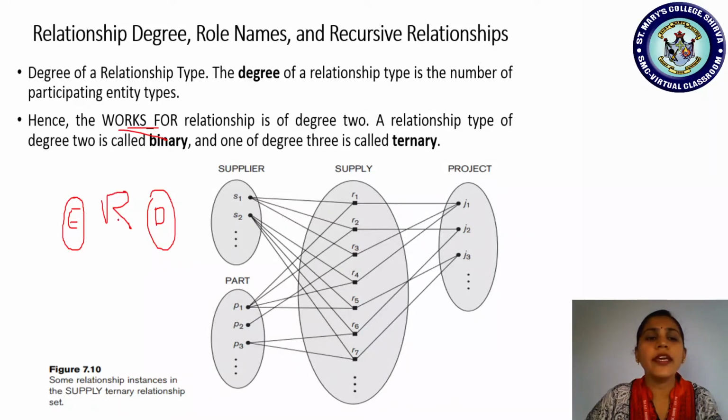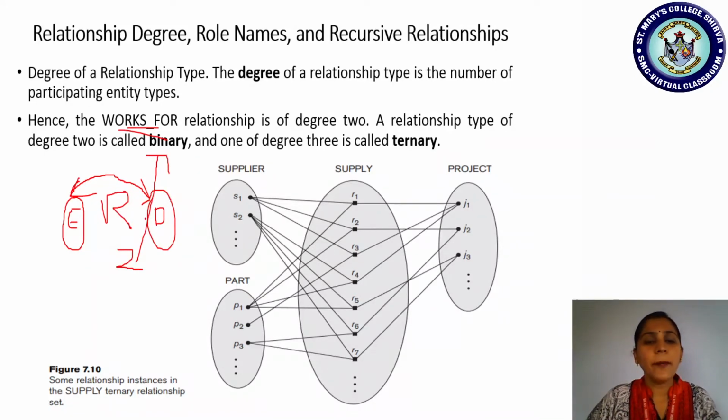So an employee works for a department. The degree of this relationship R is the number of participating entities. How many? Employee and department. These two entities are participating, and therefore the degree of this relation is numbered as 2.